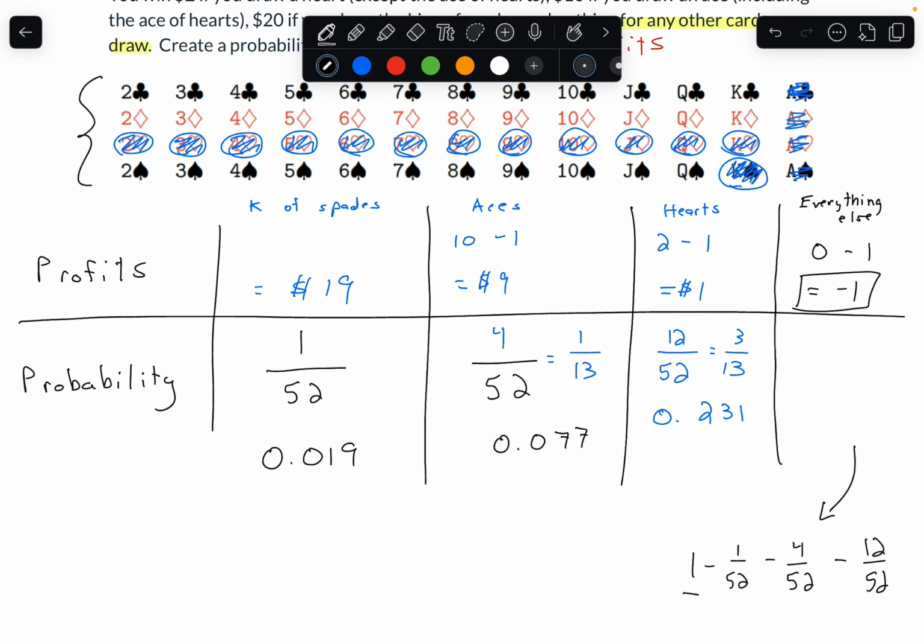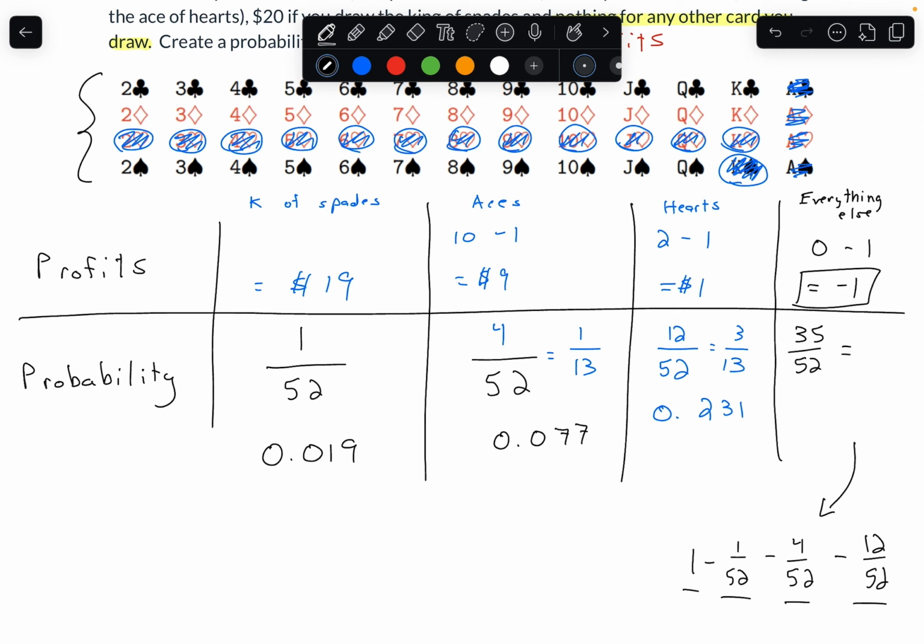So I'm just taking 1 minus each of these probabilities, and that should tell me the probability for everything else. So 52 minus 1 minus 4 minus 12. I should end up with 35 over 52 as that probability. If I wanted to give that as a decimal, that would look like 0.673.